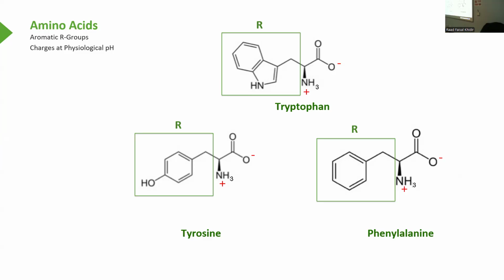Okay, so if you look at the amino acid, what is an amino acid? Is it either, or can it be both? Because remember, the amino acid has two terminals: one is the carboxylic terminal, and one is the amino terminal.